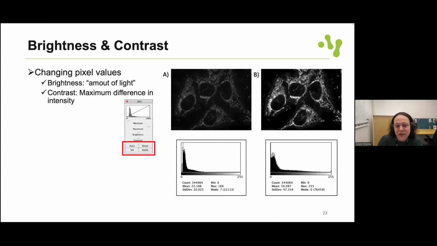Here we need a histogram to visualize that. We can see, for instance, that the maximum value is 166.